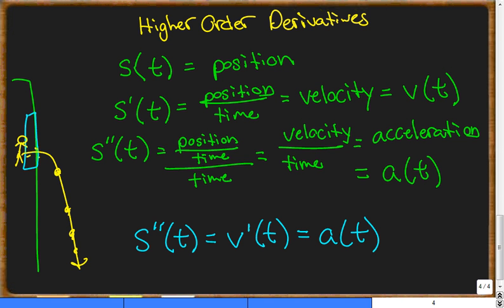So we can take multiple derivatives, as many as we want. Now they don't all mean as much as these mean together, but you can keep going forever and ever taking derivatives. That's an important thing. We can always take a derivative, we can always keep going. Now eventually a lot of functions just zero out, but this is a really important concept that links all of these things together. That position, velocity, and acceleration are all linked together by derivatives.